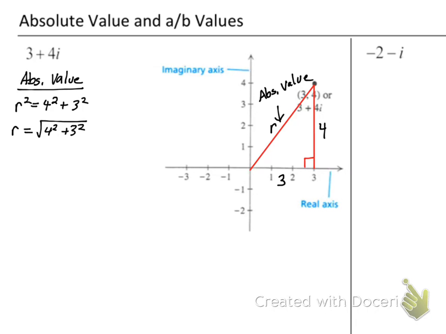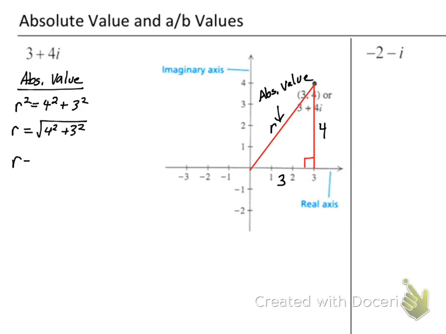Well, what that tells me is my absolute value is going to equal the square root of a squared plus b squared, where my a value is here, my b value is here. Well, this is the exact same thing we did with magnitudes. A magnitude equaled the square root of a squared plus b squared. So this is the exact same formula.